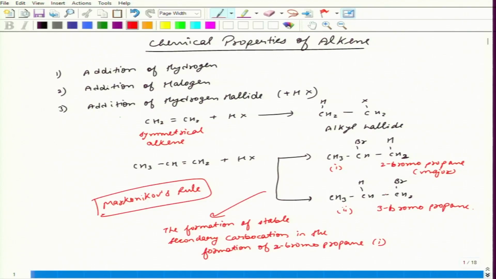In the two possible cases, 2-bromopropane involves the formation of a secondary carbocation, and 1-bromopropane involves the formation of a primary carbocation. A secondary carbocation is more stable than a primary carbocation due to the inductive effect. If the intermediate is stable, the reaction will tend to go in that direction. That is why 2-bromopropane is the major product.